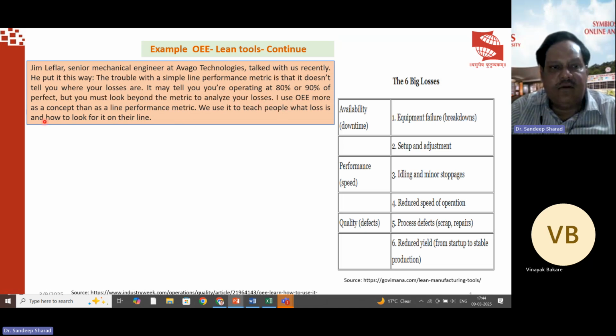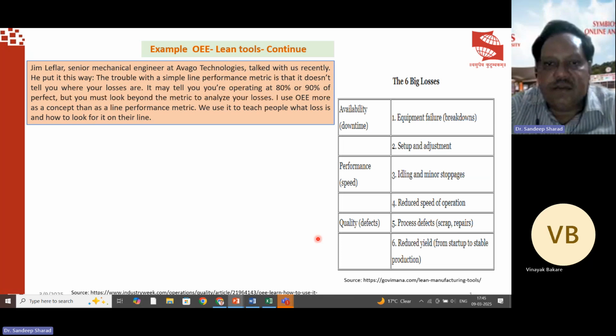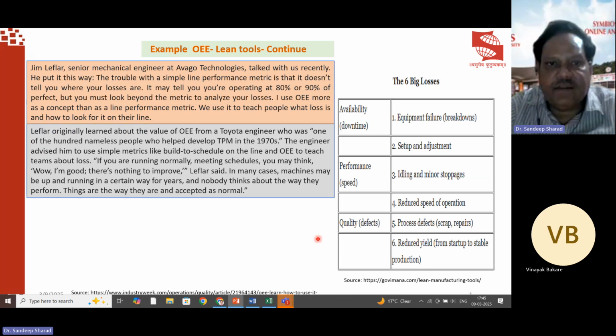So use OE as a concept along with the line performance metric. The biggest losses are: availability, equipment failure, setup and adjustment; performance, idling and minor stoppages, reduced speed of operation; quality, process defects, scrap and repair, and reduced yield. So these are the ways big losses can be taken into consideration based on the elements of the OE calculation.